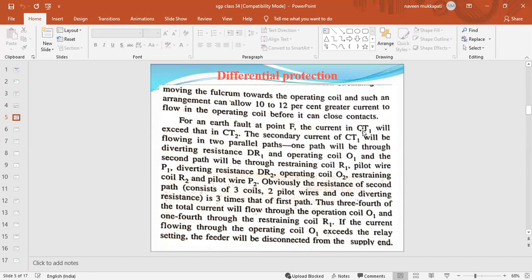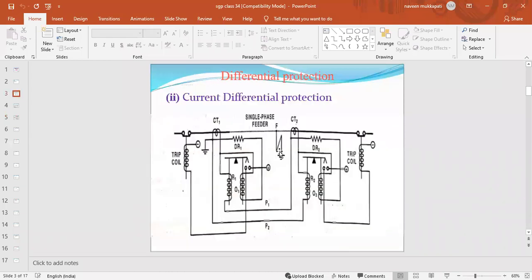Therefore, suppose an earth fault is obtained at a point F, at this point. In that case, we are taking the algebraic sum of these two currents.